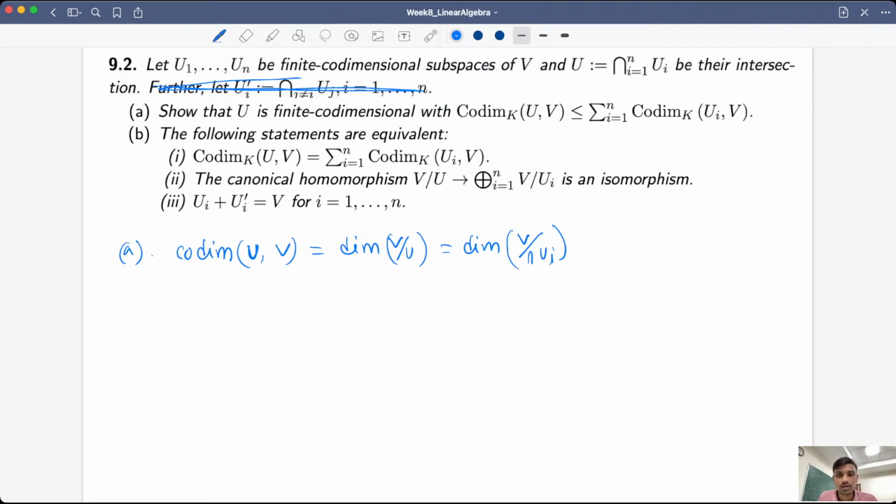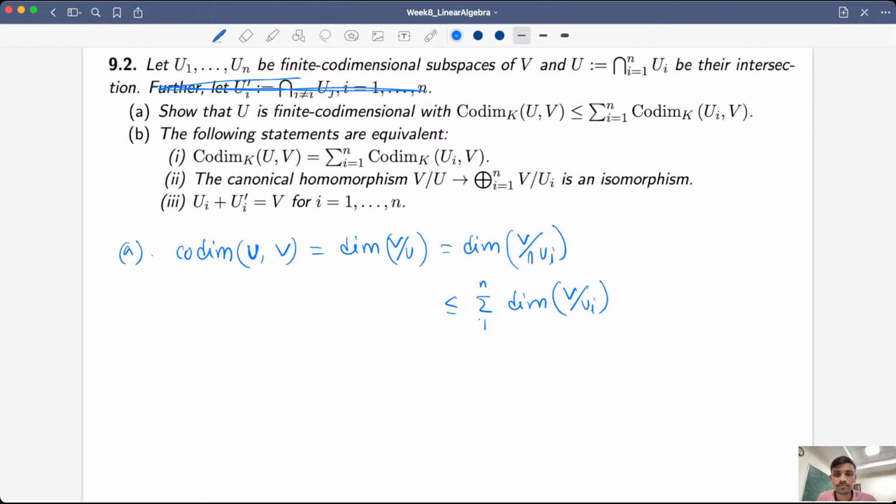Now, I am claiming that this is less than or equal to the sum of the dimensions of V mod Ui, i equal to 1 to n. That is enough.